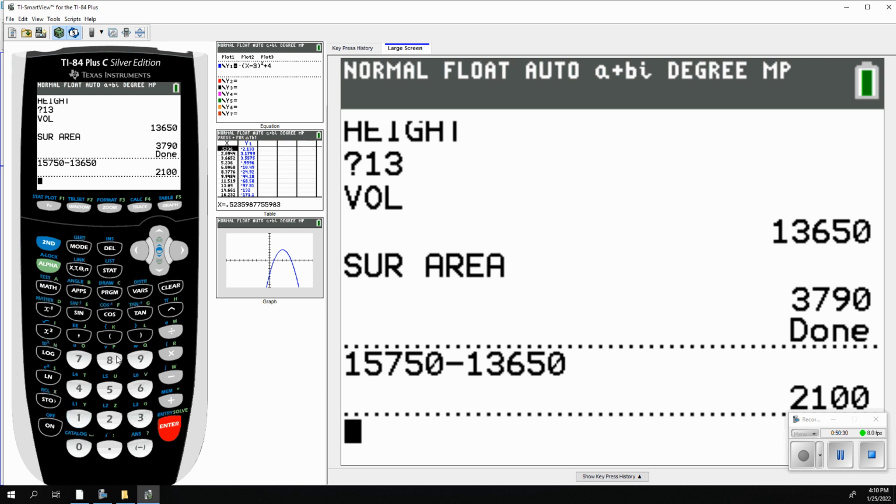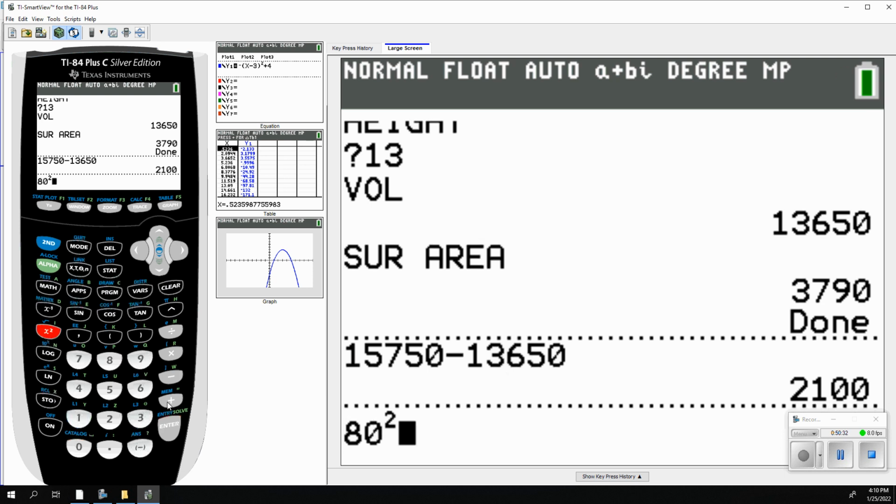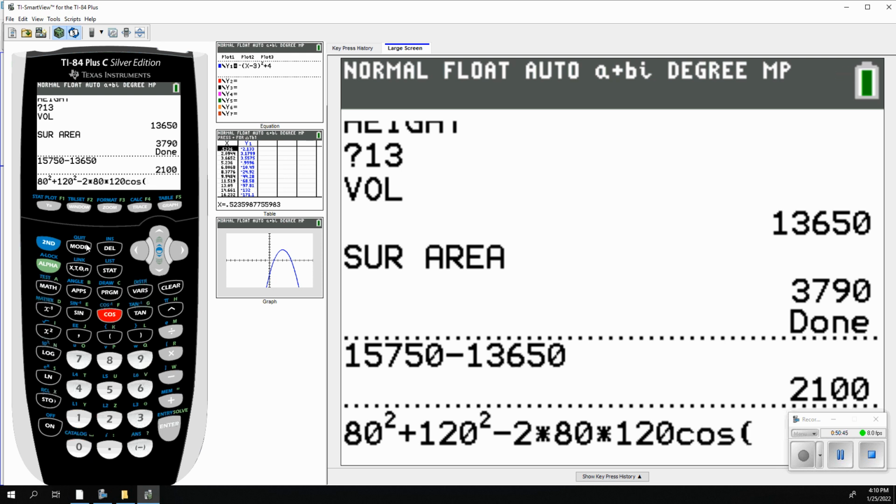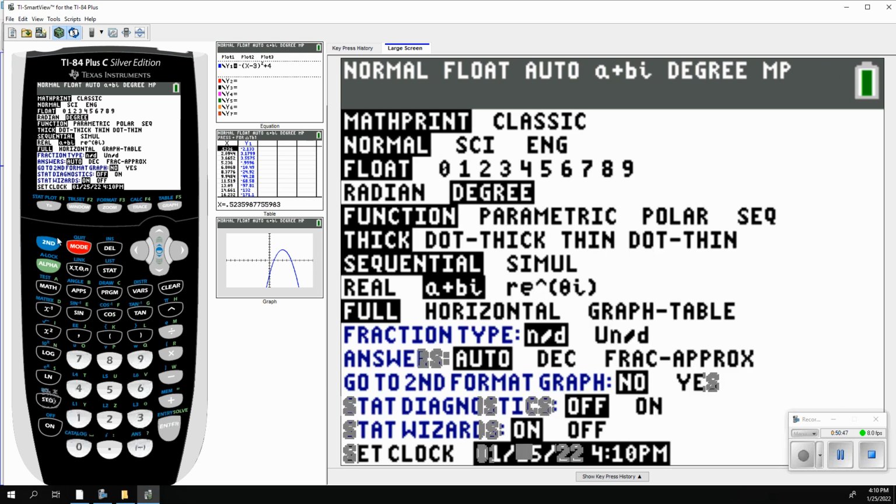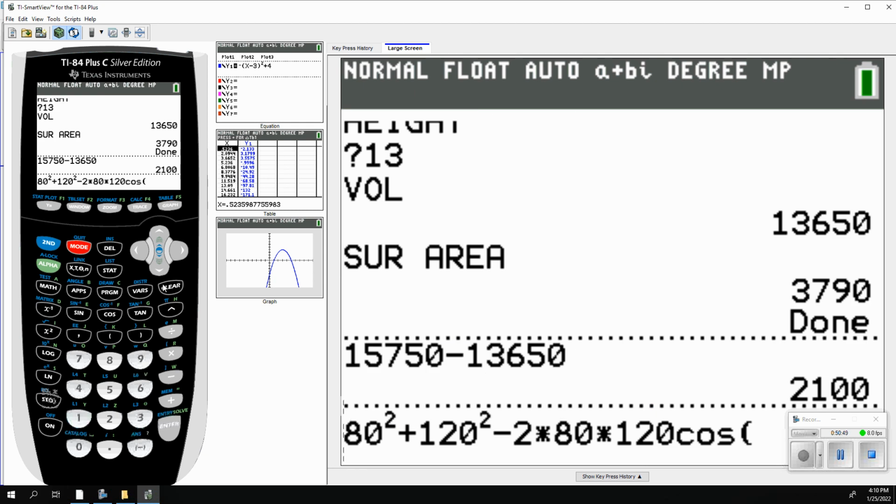So I just do it straight out, 80 squared plus 120 squared minus 2 times 80 times 120 times the cosine. I have to make sure I'm in degrees because I've been fooling around. I told you, always be in degrees.